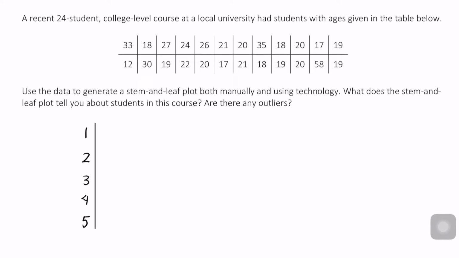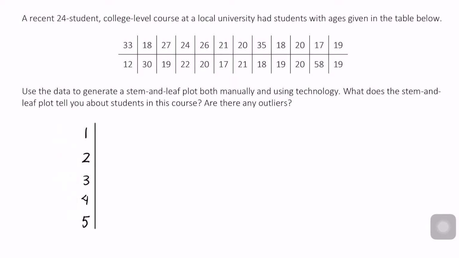To represent a number like 22, you would put a 2 here. So that tells you this is 22. You can also represent the numbers, say, 43 and 47 by writing a 3 and a 7 here. So these first two values tell you that you have a number 43, and then these two tell you you have a number 47.